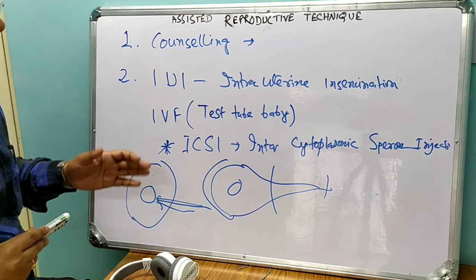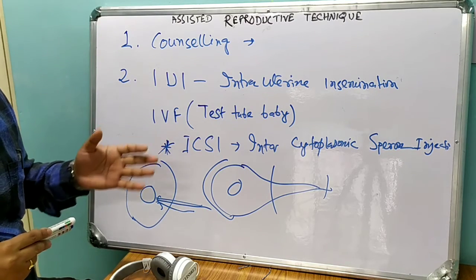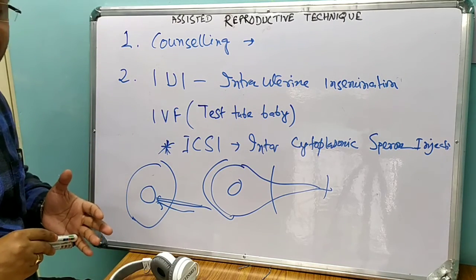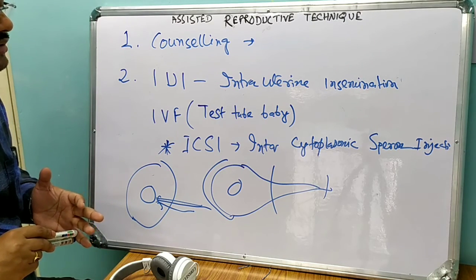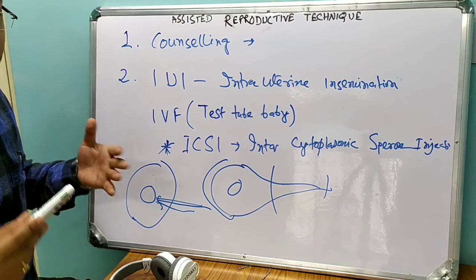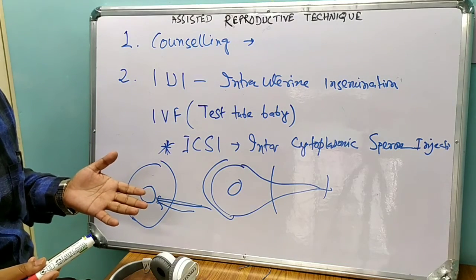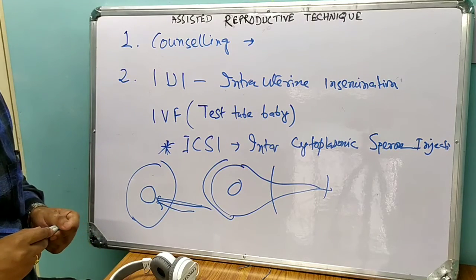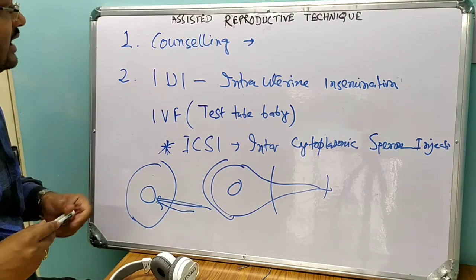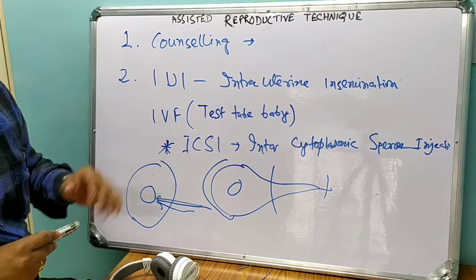What else? All these procedures are immensely painful and traumatizing to the female, and also very costly economically, so traumatizing for the couple itself. Mental trauma is also a very important concern with all these techniques.